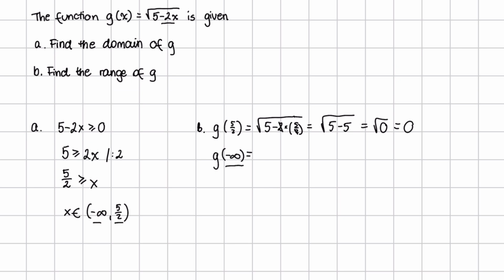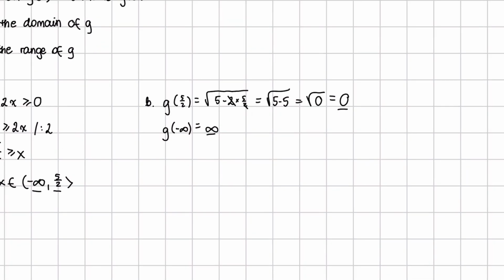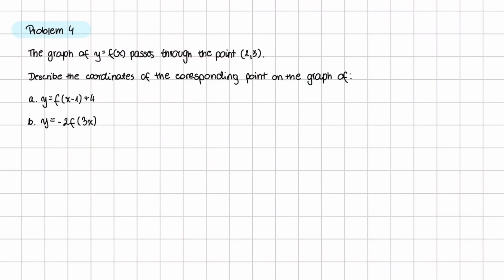So 5 plus a very huge number, 5 plus infinity, is infinity, and the square root of infinity is infinity. Now we can observe that infinity is obviously greater than 0. So we can write our range like this: from 0 to infinity.